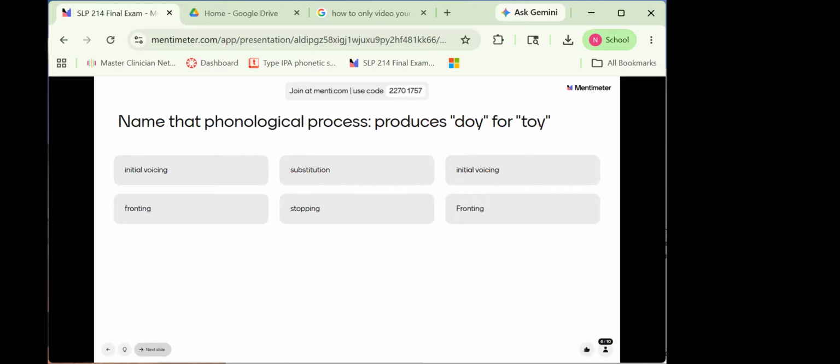We're not stopping that sound, because I can't hold d as much as I can't hold t, right? So make sure you're looking at the target sound, which would be t, and the sound that is being put in its place, and see what's different about the two. Let's try the next one.